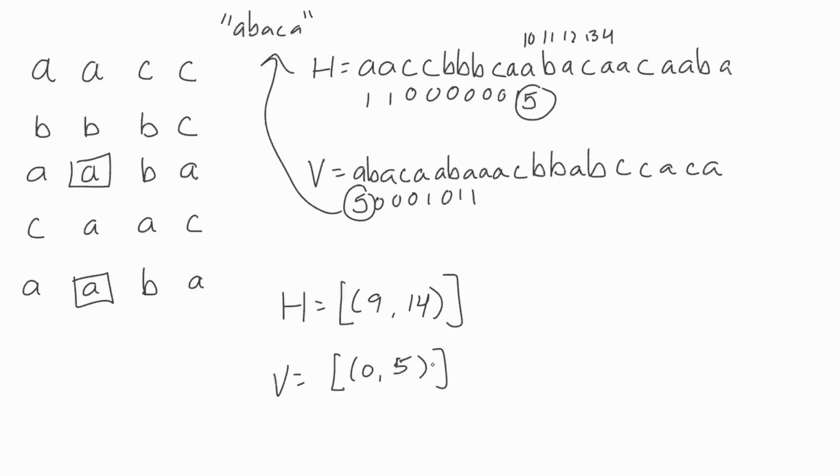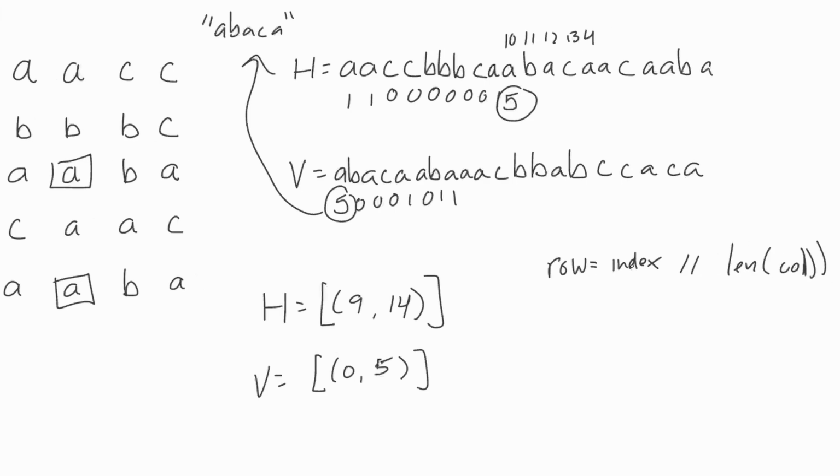So we need to convert them to a grid value that we can reliably use and check with. For horizontal, our row value, we can do a little bit of math where we take that index and divide it by the length of our columns in our grid. So what is this going to do for us? I take my index 9 and divide it by the length of our columns, which is 4, and here I get 2.